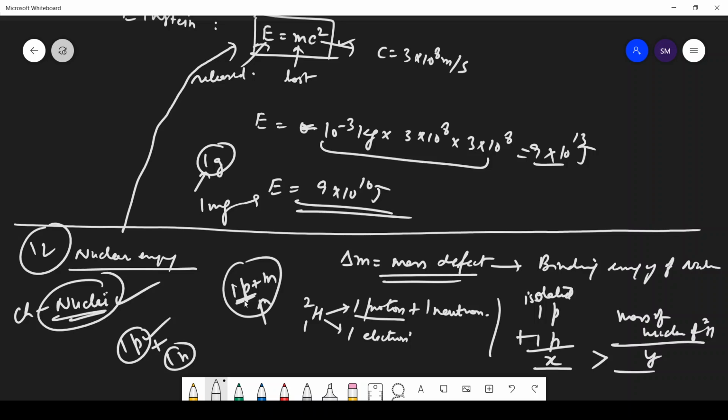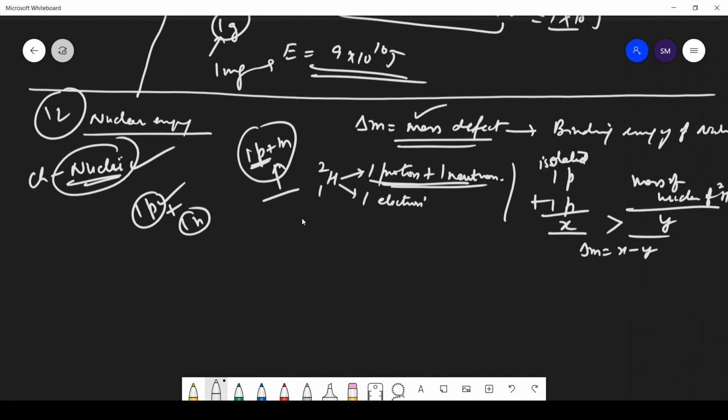But when they form the nucleus, the mass is lesser. So where has the mass gone? That is mass defect. So delta M is equal to x minus y. That mass is actually binding these nucleons, binding the subatomic particles.